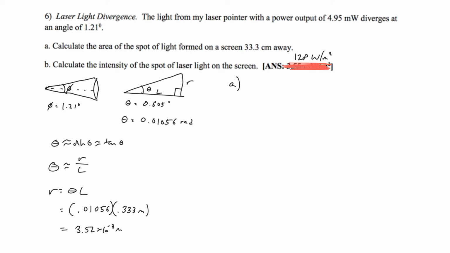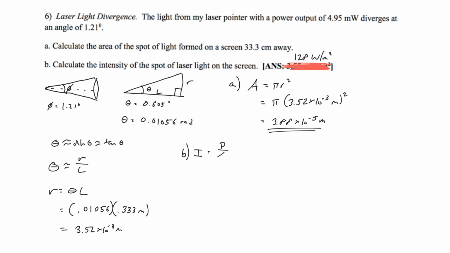So now for part A, we just want to calculate the area of that bright spot. So we get the area to be 3.88 times 10 to the negative 5 meters squared. Okay, and then part B, the intensity is the power over the area.